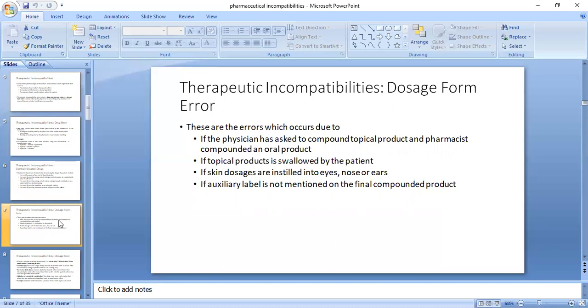If a topical product is swallowed by the patient, that is also a dosage form error. If skin dosages are instilled into the eyes, nose, or ears. If an auxiliary label is not mentioned on the final compounded product, this is also a therapeutic incompatibility in dosage form.